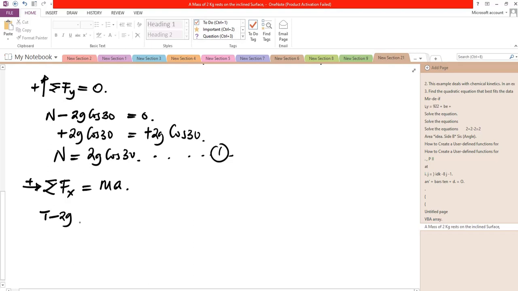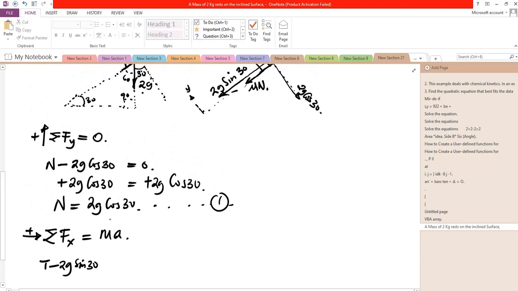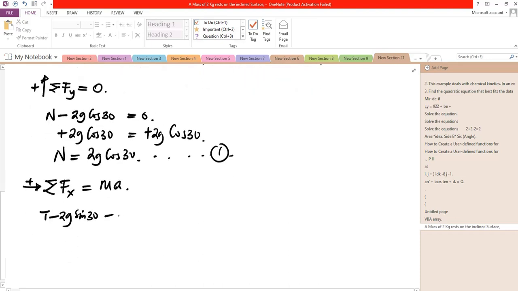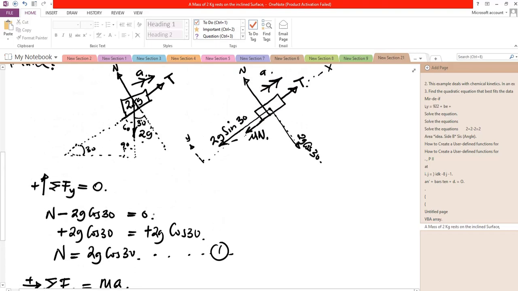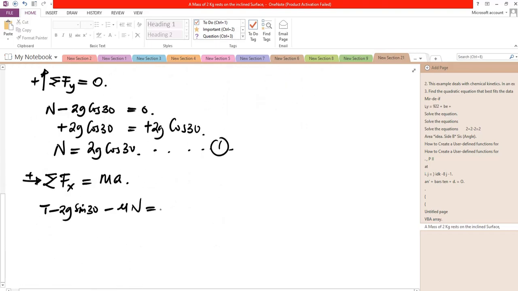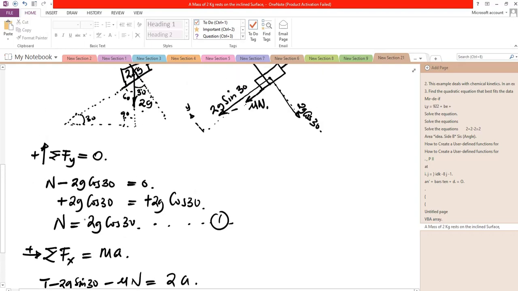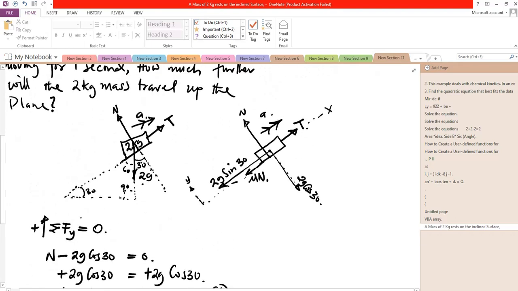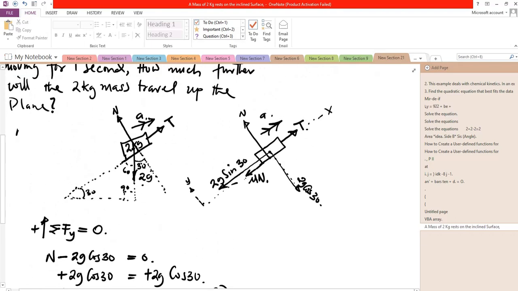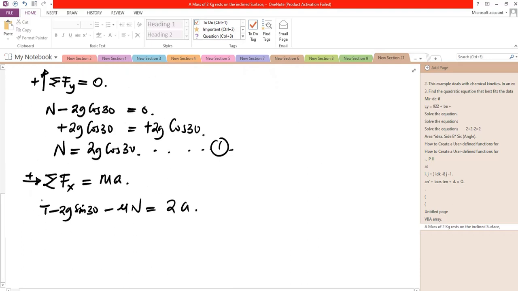minus 2g sine 30 minus mu times N is equal to the mass, which is 2, times a, which is the acceleration, which we don't know. We're asked to find a. So this should be our equation 2.